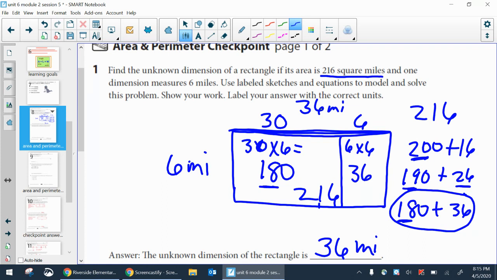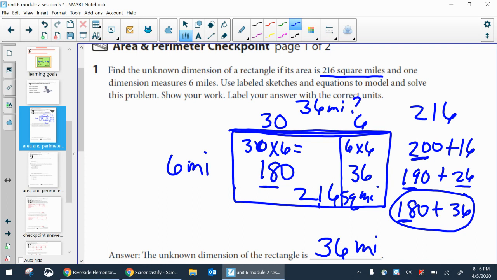Again, because 36 times 6, or 6 times 36, is 216 square miles, or 216 divided by 6 is 36, or 216 divided by 36 is 6. So that would be one possible way to go about finding our unknown dimension.